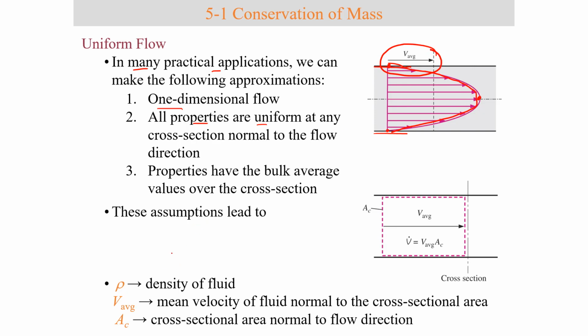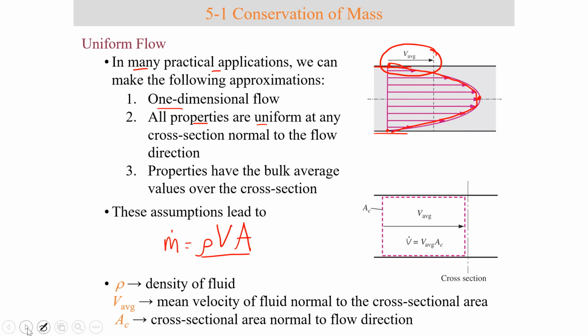We're also going to assume the area of the pipe is constant. So the integration of the mass flow rate from the prior slide just becomes density times velocity multiplied by the cross-sectional area. That is the basis of what we're going to be looking at for conservation of mass.